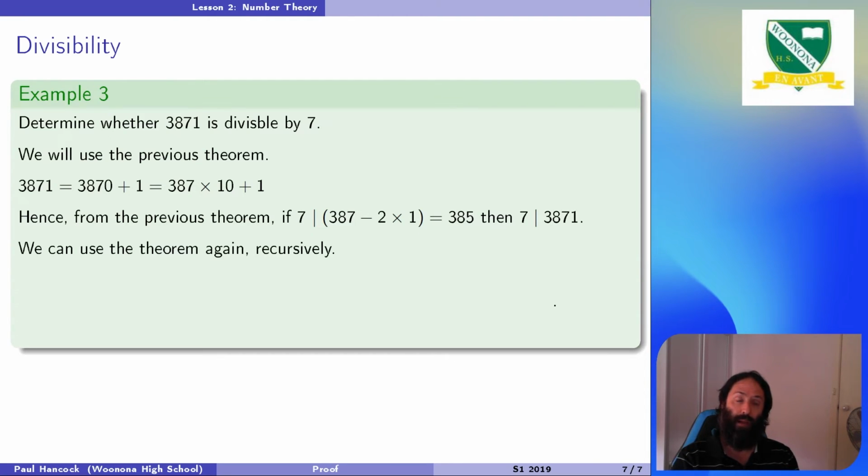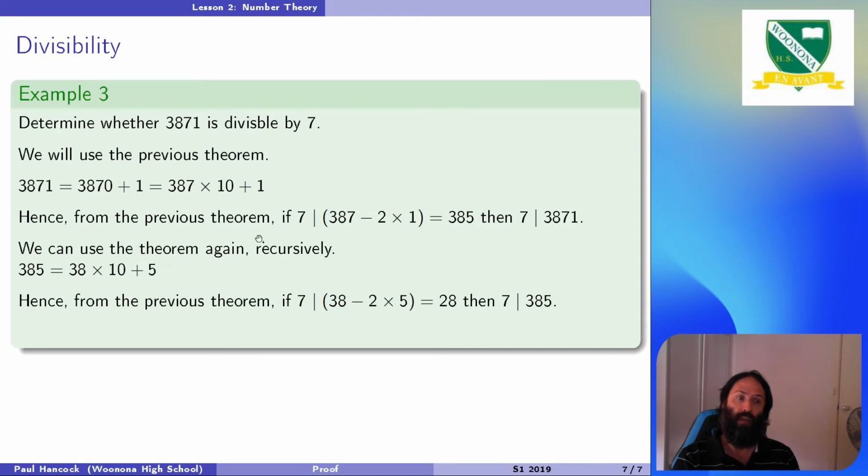Okay, now the power comes in. We can use this as if we're starting all over again. We want to establish whether 7 divides 385, so let's use the theorem again. I can write 385 as 38 times 10 plus 5. So this time our x is going to be 38 and our y is going to be 5. So again, we can say if 7 divides 38 minus 2 times 5, that's our x minus 2y, and that's equal to 28, then 7 divides 385.